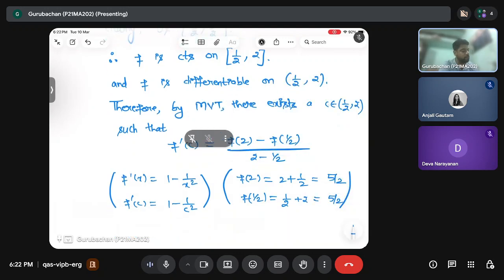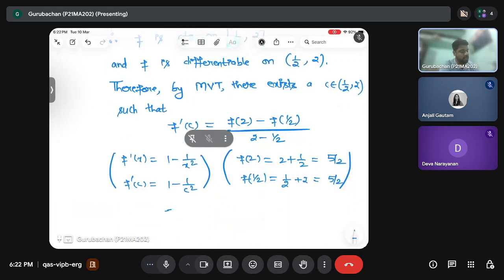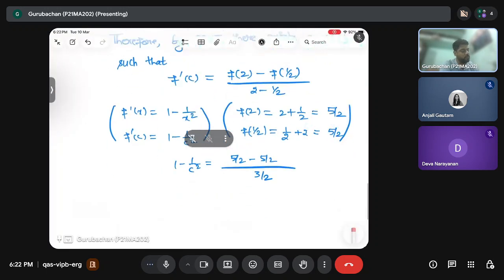So substituting these values in the above equation, we will get 5 by 2 minus 5 by 2 divided by 3 by 2. So this will give us 1 by c square is equal to 1. That means c can be plus minus 1.